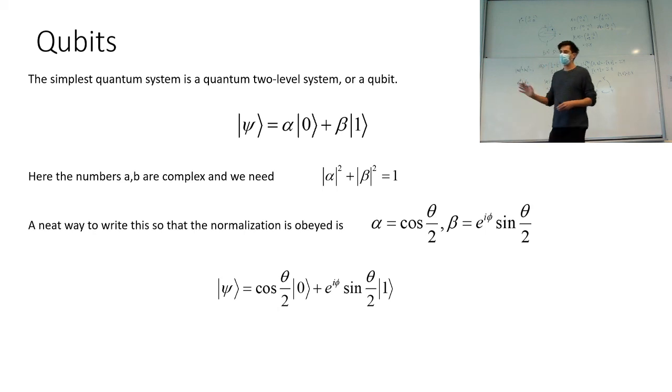You can never observe this phase, and there's no physical consequence of it. Maybe we'll talk about that later, but of these 4 parameters, 1 goes away due to normalization, and 1 is this phase factor, but it doesn't do anything.